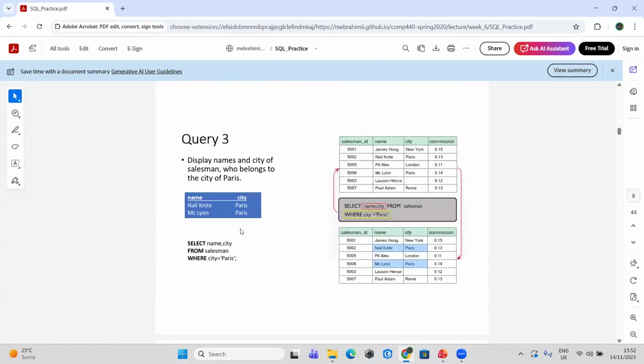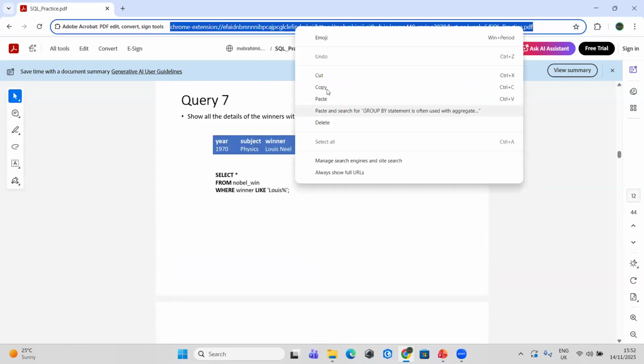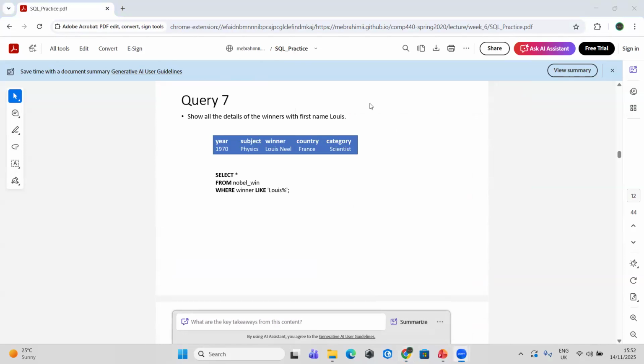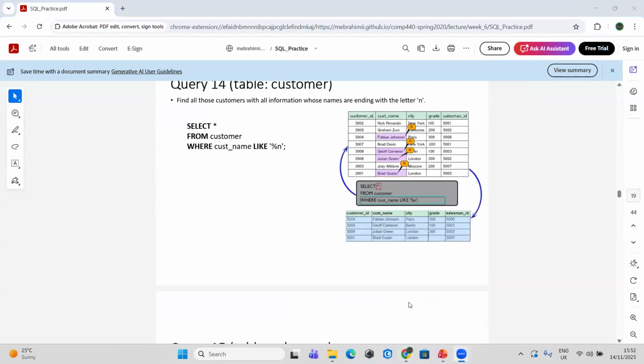No, this is not the solution. Yeah, this is the solution. So maybe just go through some, maybe go through this one. Just go through some practice questions, okay.